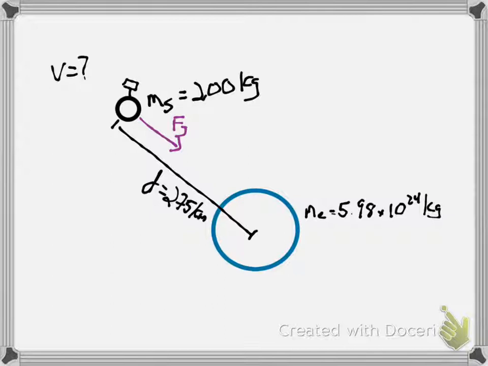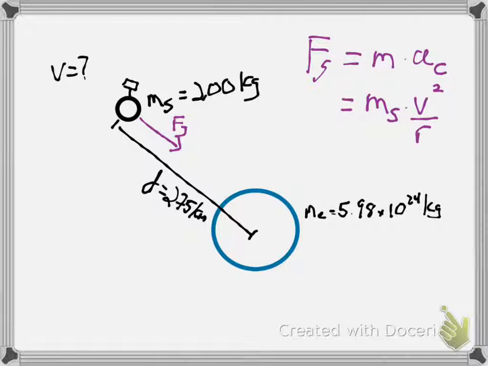And so I could start doing some math, and I could say that the force of gravity equals mass times acceleration. And now we're moving in a circle, so that acceleration is centripetal acceleration. So on the right, I would have mass of the satellite times the speed of the satellite squared divided by the radius or distance of the satellite.